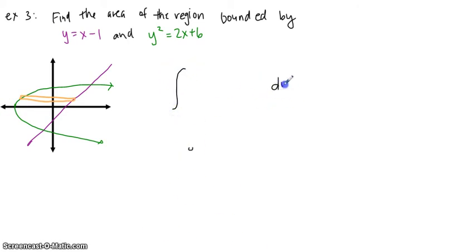Now we know that one of the dimensions of the rectangle is dy, right? It's delta y, infinitely small, so it's dy. So this is, I guess, from this angle it'll be the height, but that's one dimension. Now I want to multiply it by the other dimension, and that's going to be from the y-axis this way to this curve is going to be an x sub 1.